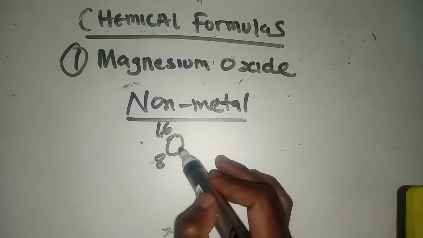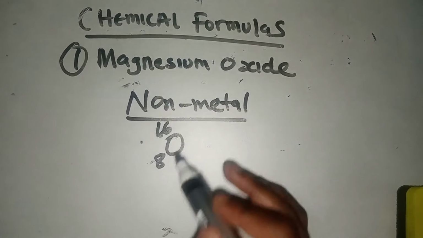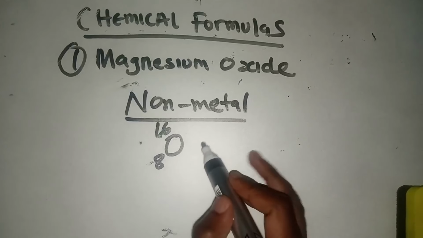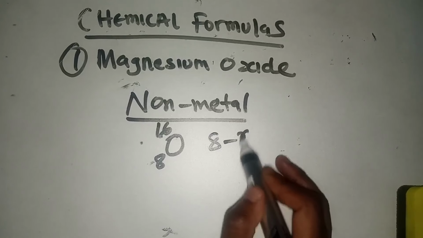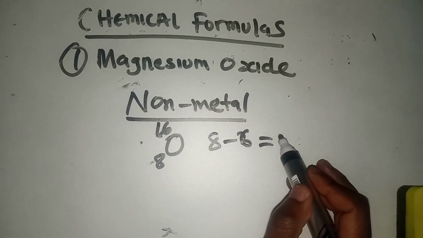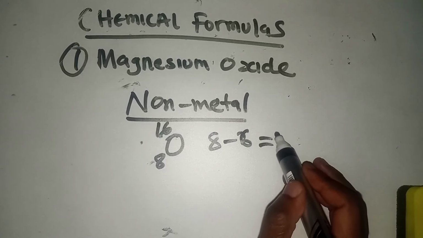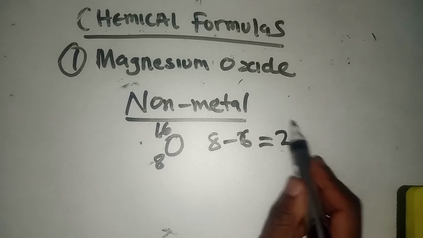The group number for oxygen is 6, so 8 minus 6, your answer will be 2. This becomes your valence number.